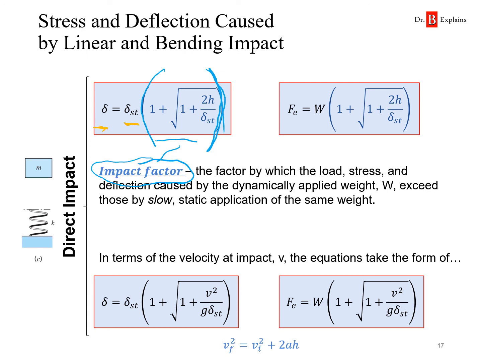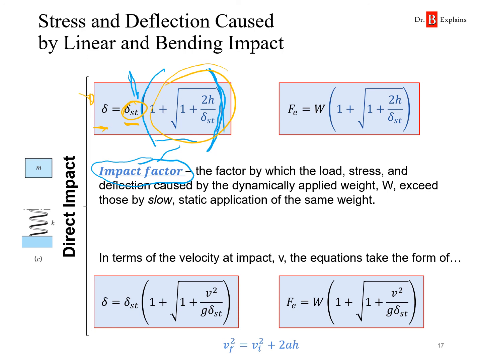Oh yeah, this still sounds too fancy. What this means is, if I take the static deflection, delta ST, and I multiply it by this number in the parentheses, I can calculate the dynamic deflection, or how much the spring is going to give from the direct impact loading.